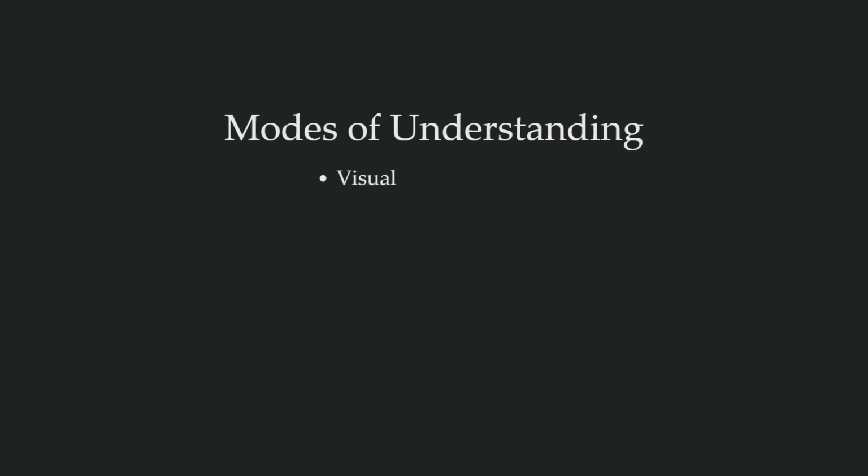So like I said, there are many different ways that we as humans can understand information. The first is visual. This is the primary mode of understanding for technological devices like phones or computers or anything like that, because we're looking at things, we're looking at the characters, the words, we're putting that together and understanding it in that way. But that's not the only way that we can understand things.